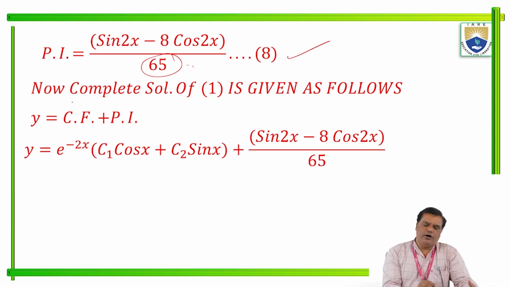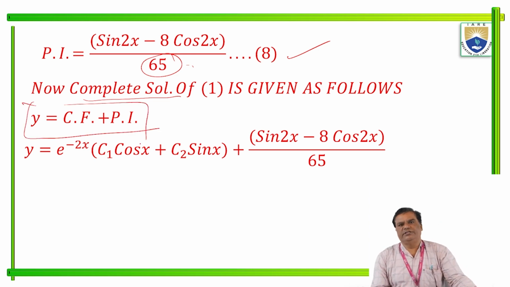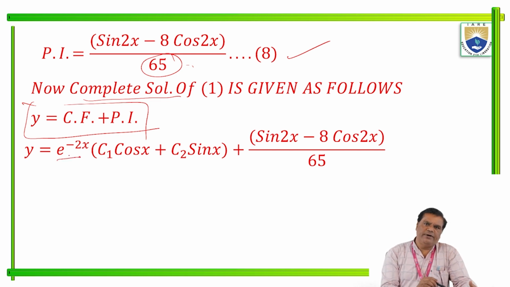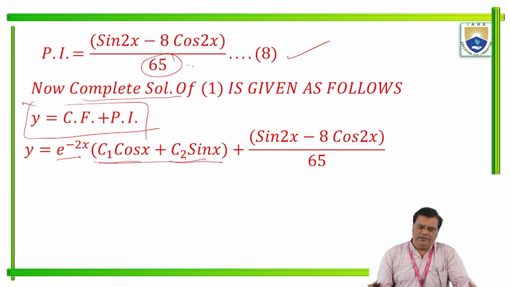Now the complete solution of 1 is given as follows: y equals CF plus PI. The first part, the complementary function, we have already found: y equals e to the power minus 2x, (c1 cos x plus c2 sin x). This is the CF, the first part of the solution, and the second part is equation 8, sin 2x minus 8 cos 2x upon 65.